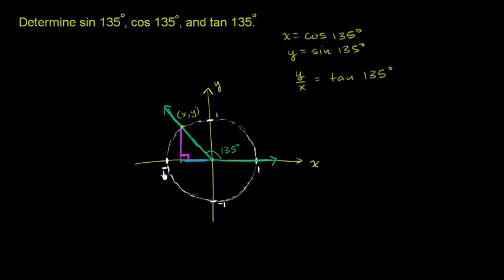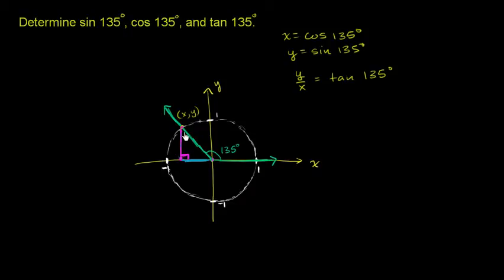So let's think about what we know about this triangle. My first question to you is, what is the length of the hypotenuse of this triangle, the one formed between these three points: the origin, the intersection between the unit circle and the terminal side of the angle, and where this vertical line intersects the x-axis?